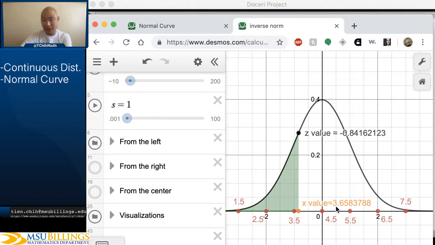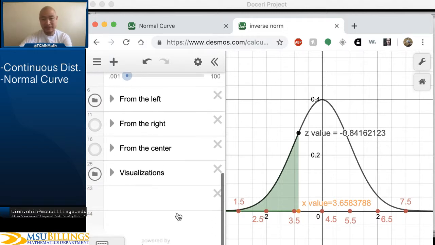And so our x value is 3.6584, let's say. And this is hours, right? It's important to note what our units are here. So it's 3 and a little over half an hour.